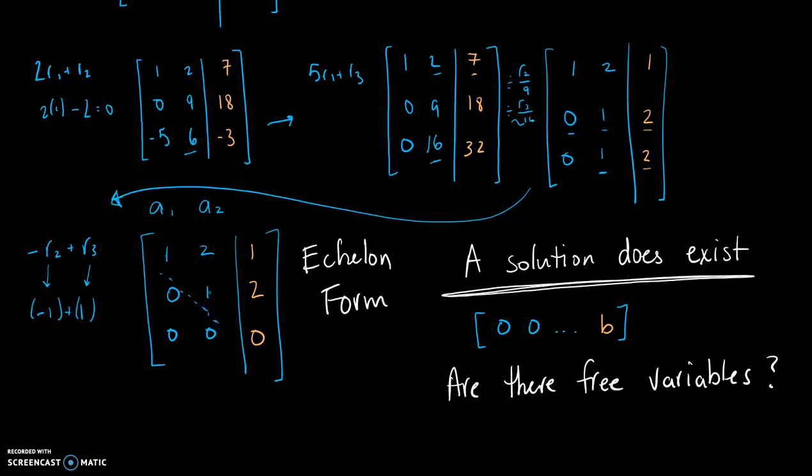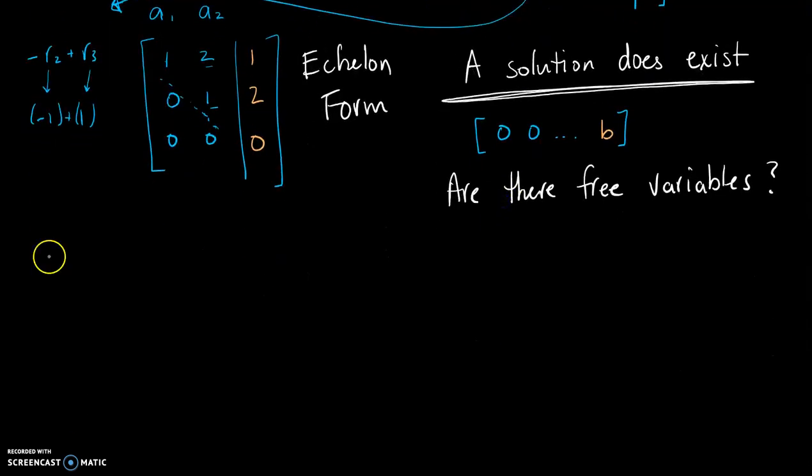But we have this A2 right here, this coefficient for A2. So it might seem like there could be free variables here because we have an A2 here and an A2 here. But what we need to do is take it one step further to really determine if this is a free variable, and we need to get to reduced echelon form.